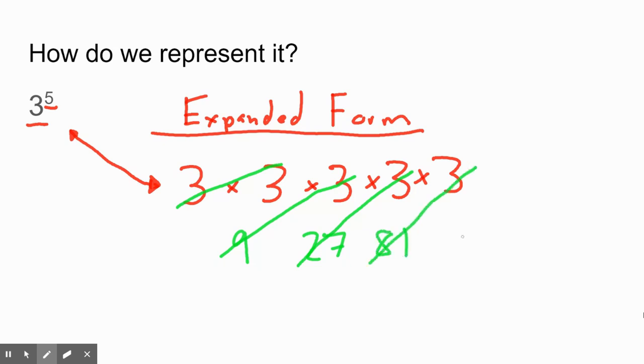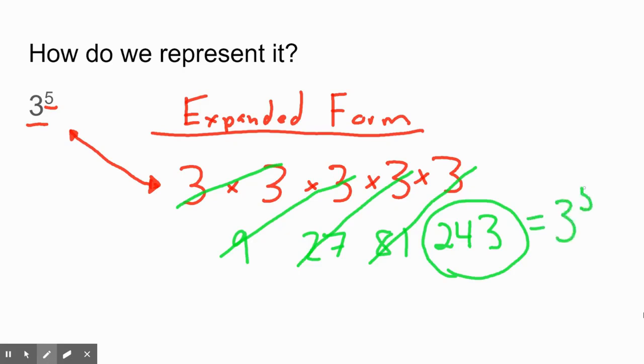And 81 times 3 is, of course, 243. So we could say that this power, 3 to the 5th, is equal to 243. We could also just write it in expanded form, whichever way works best.